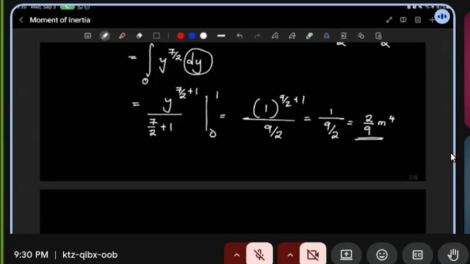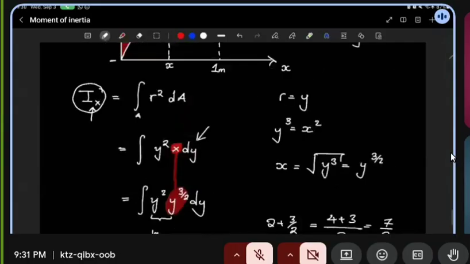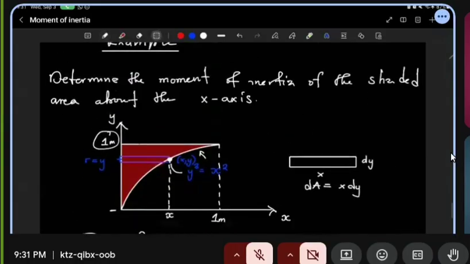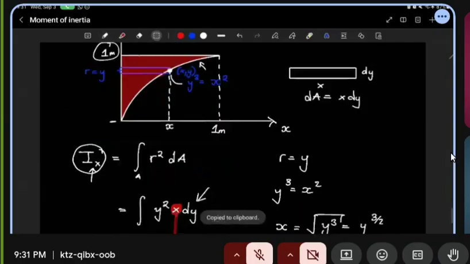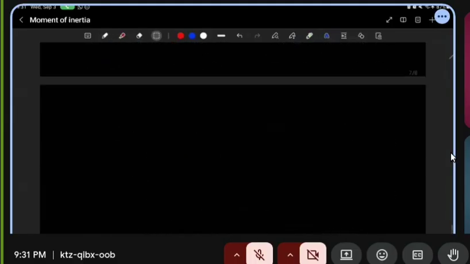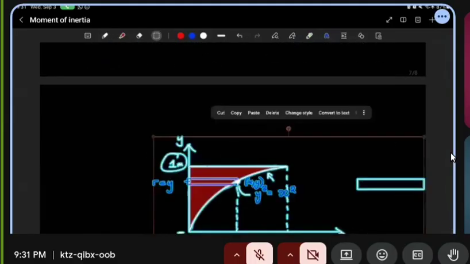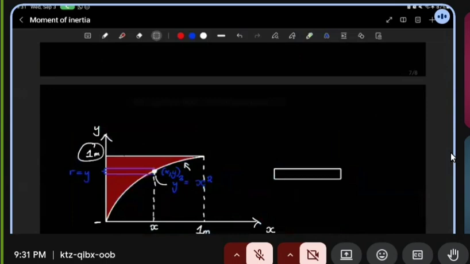Okay. So if we're going to use the parallel axis theorem, how is it going to work? So now we will use a vertical section.